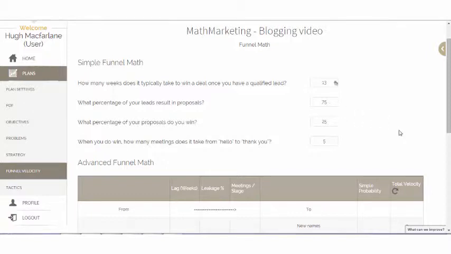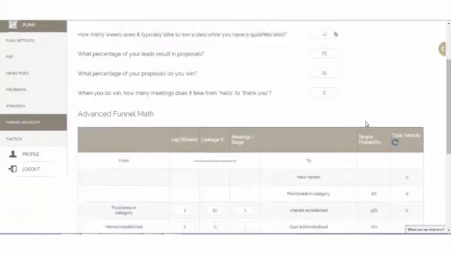I want to make the point that the difference in the velocity from having these two scenarios, where we have very low leakage at the top, so a high success rate, and higher leakage at the bottom, a lower success rate, is not that much different.